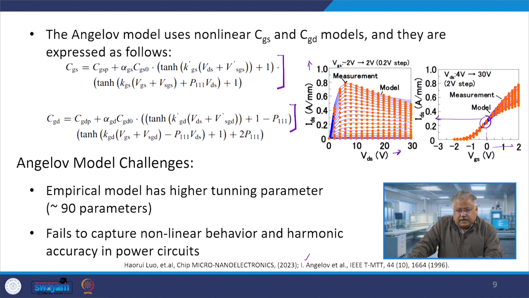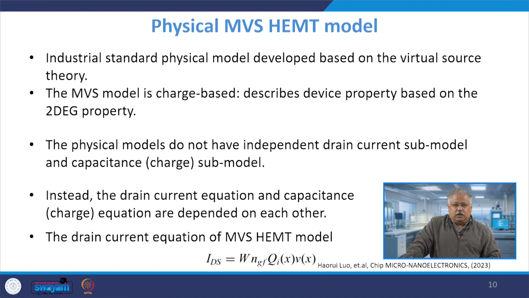The second thing is, though the CGS and CGD models are nonlinear in nature, other nonlinear characteristics are not properly captured by the Angelov model. Similarly, the higher order harmonics problem or the ringing problem which happens in power circuits is not captured by the Angelov model to a larger extent. So that's one problem area, or challenge, which people have with the Angelov model.